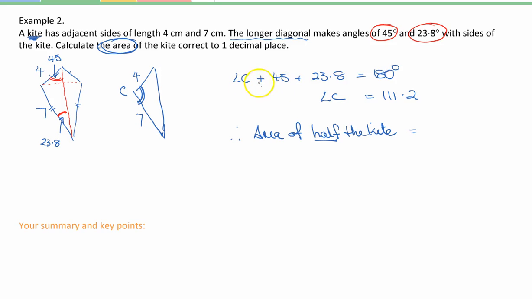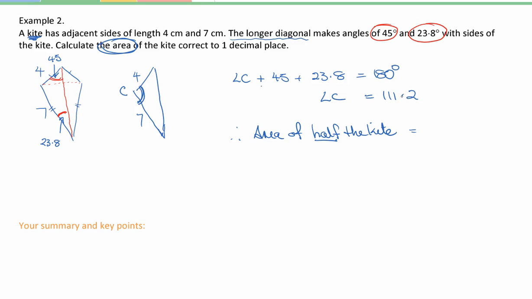So I've got that the three angles add to give 180 degrees. I'll solve the equation for C. That means I take the 45 over and subtract it, and take that 23.8 and subtract it. And you should be getting your calculator. Pause the video, get your calculator and check that you can get that number. Please make sure you do that.